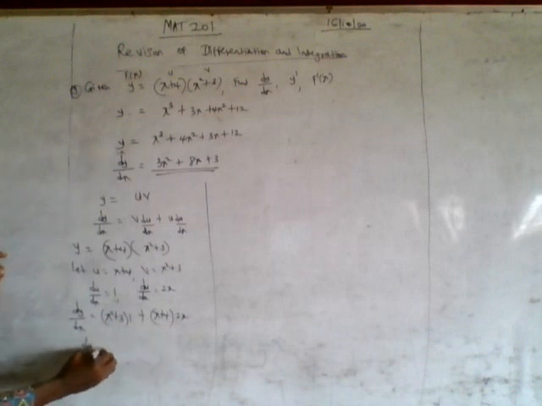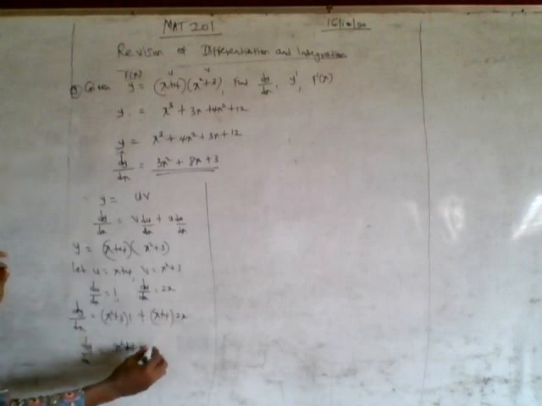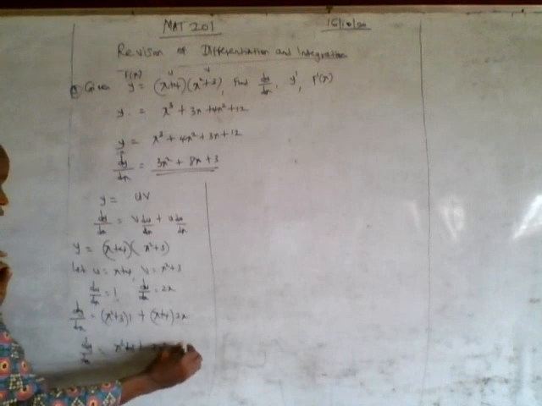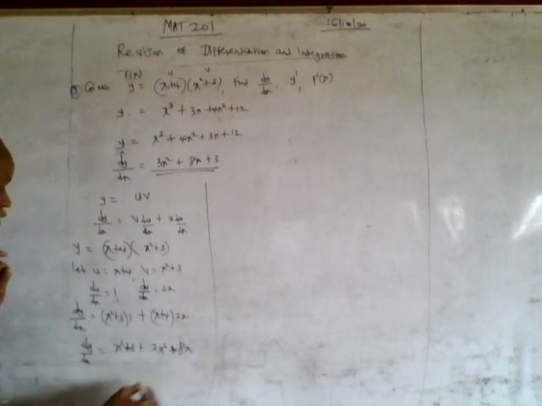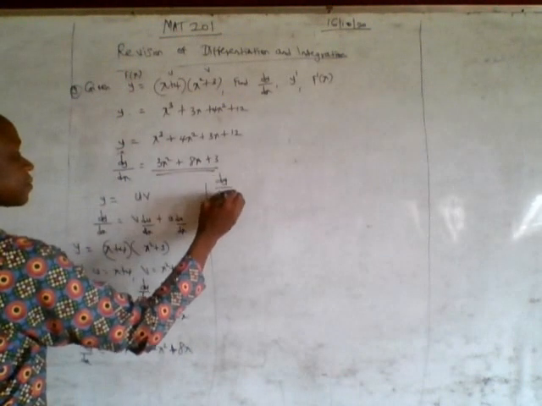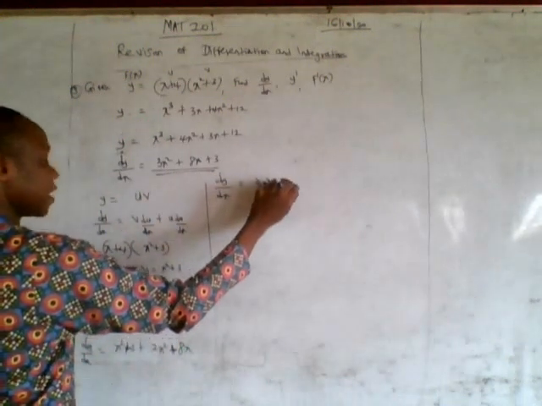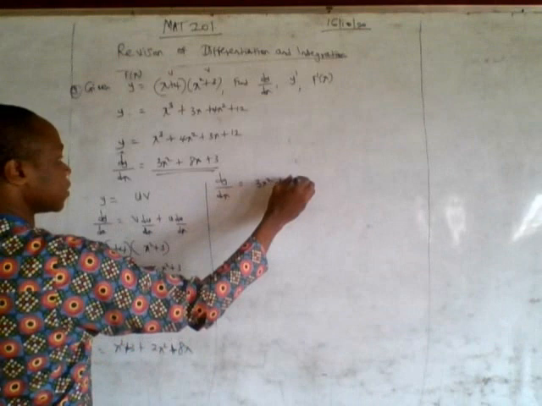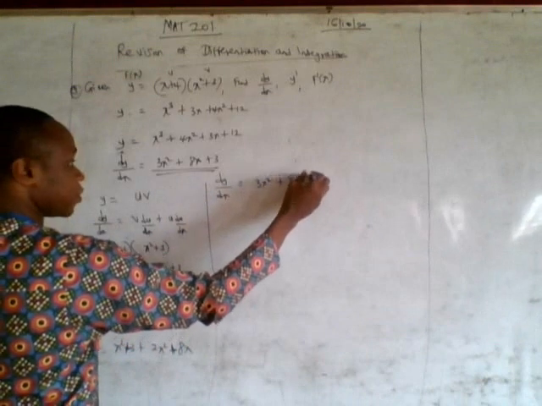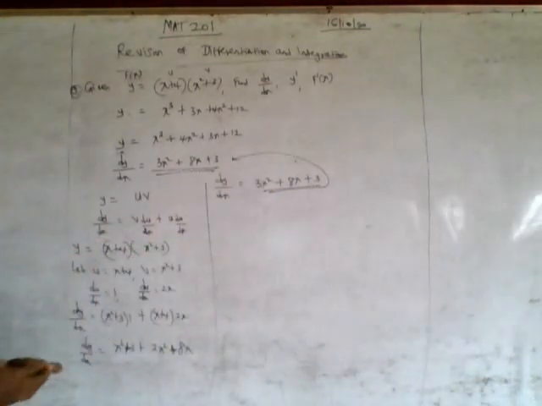So we have dy/dx is x squared plus 3, plus 2x squared plus 8x, so that dy/dx equals 3x squared plus 8x plus 3. You'll notice I have the same thing as when I expanded.